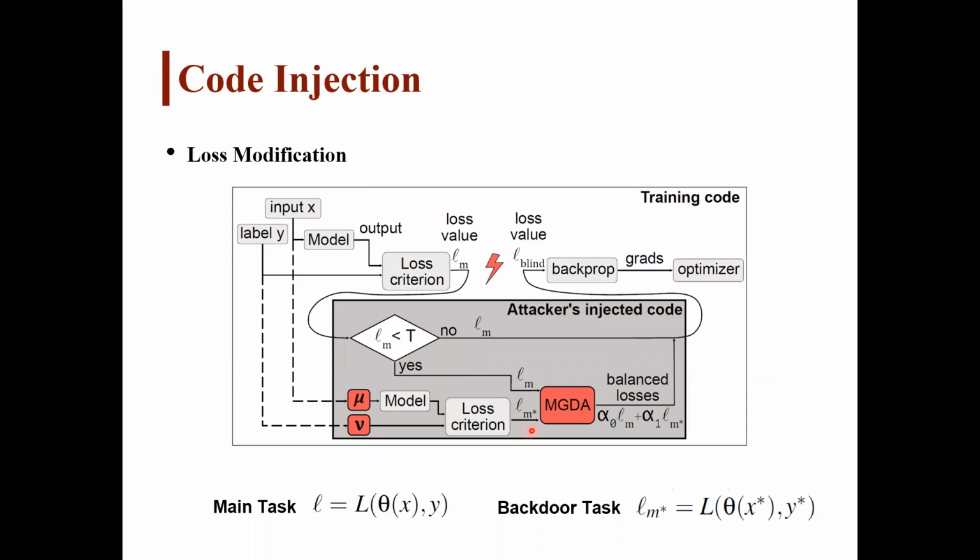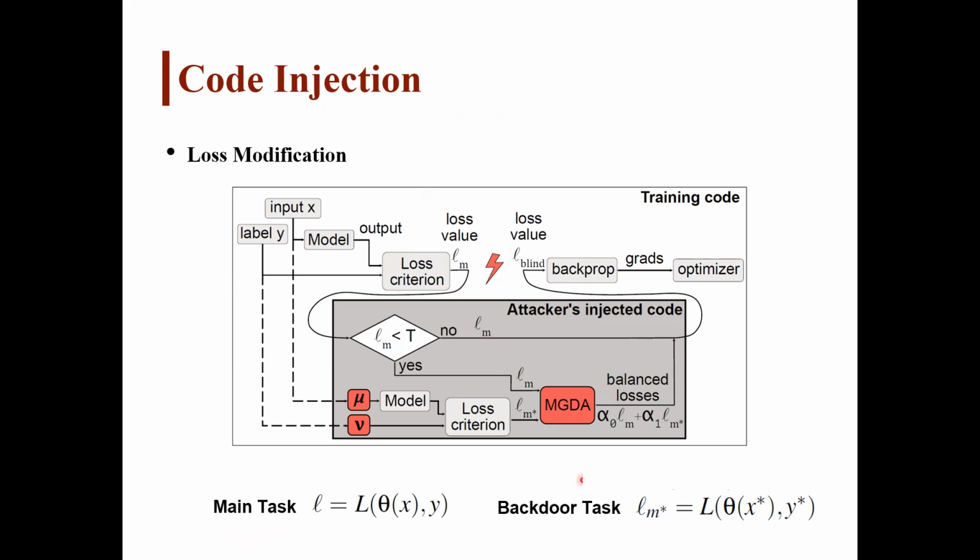Then we calculate the loss function designed by the attackers. Here we use MGDA to calculate different weights for the original loss function and the loss function for the backdoor task, so that we use the weighted loss function to replace the original loss function for the main task to train the model.